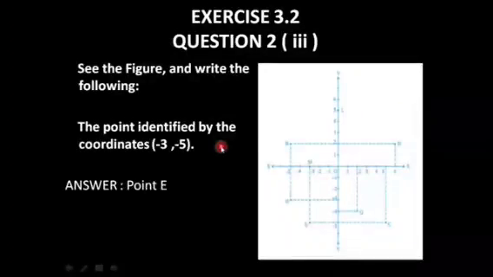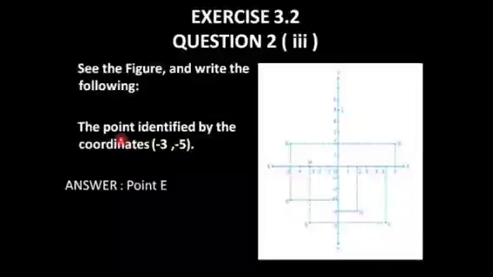Let us get into the third question. Find the point identified by the coordinates -3, -5. So -3 represents the x-axis, -5 represents the y-axis. And we have been asked to find the point which is identified by these coordinates.